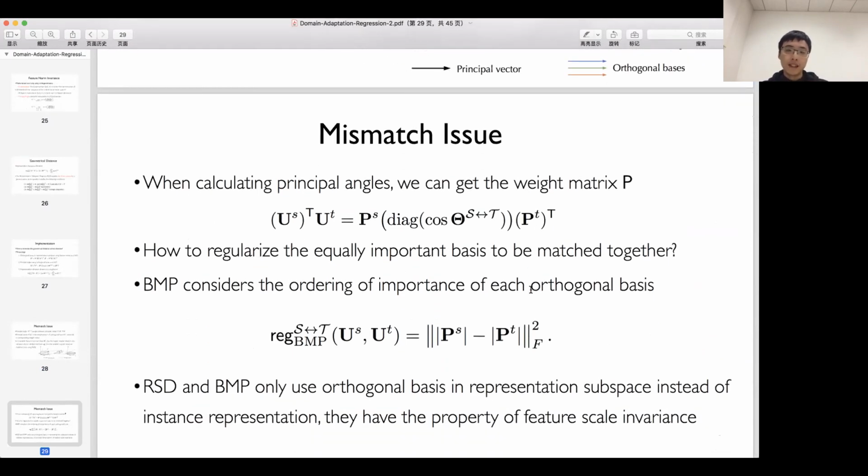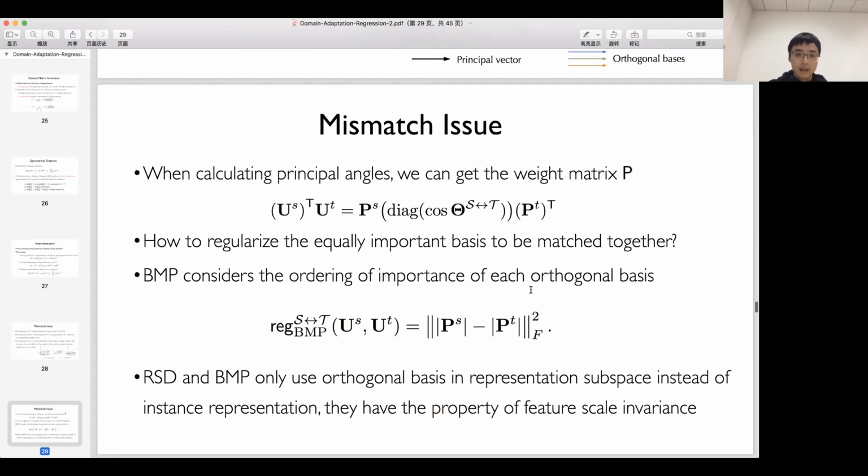So we find that different orthogonal bases are not equally important. Some bases are very important and have large singular values, and others may have small singular values and are not very important. So we need to consider the importance of different orthogonal bases in the calculation process of principal angles.